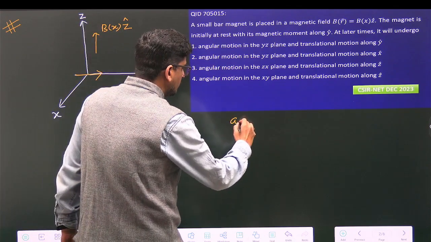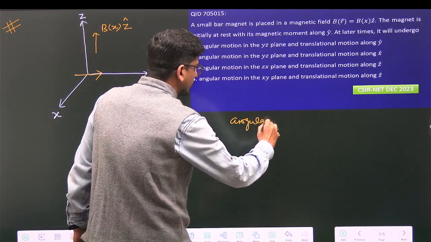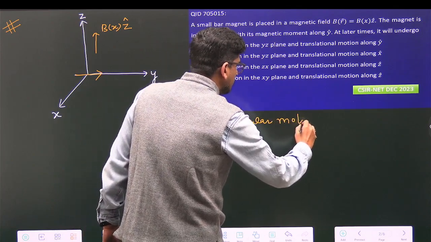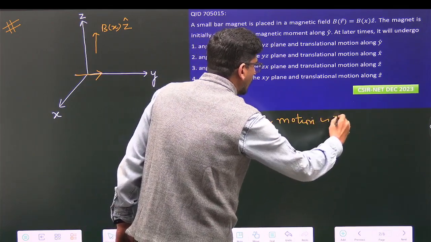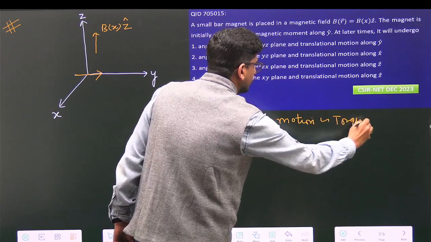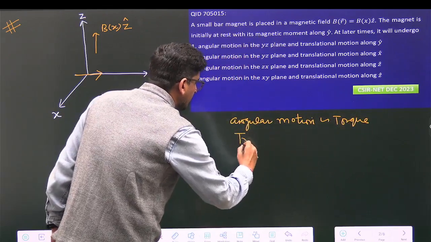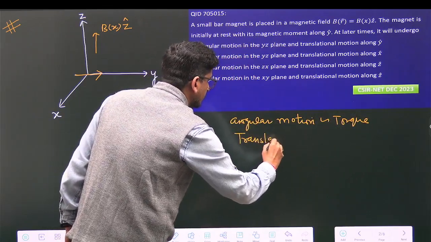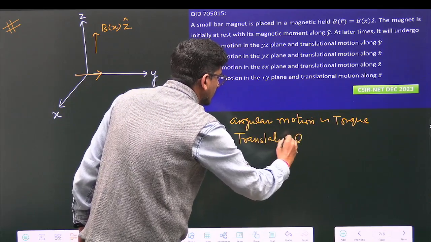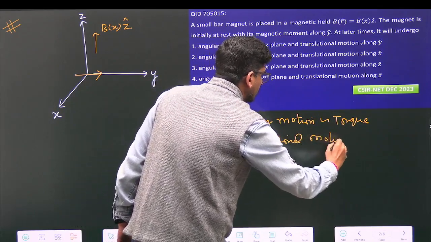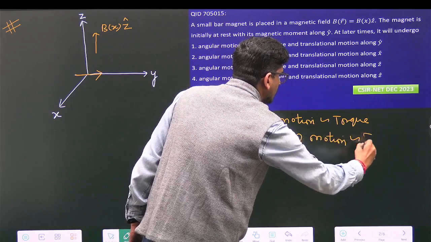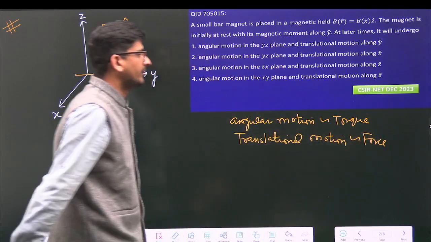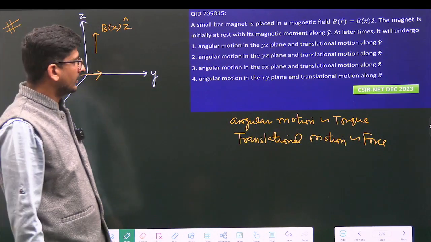So angular motion means we have to see torque, and translational motion means we have to check what is the force on this magnetic dipole, okay?